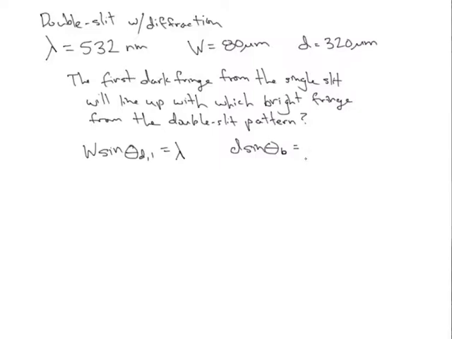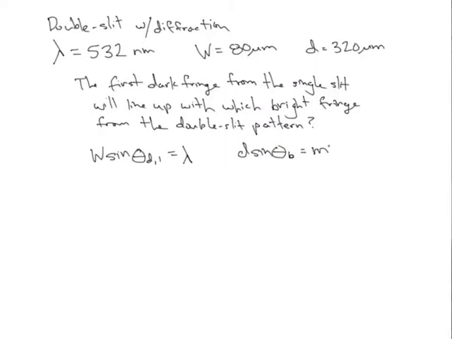So there we have, we're going to include our m value, and we know that the wavelength here is the same, and we know that these angles are going to be the same because we said up here they line up, they're going to overlap. So sine theta dark 1 is equal to, in this case, our bright fringe.